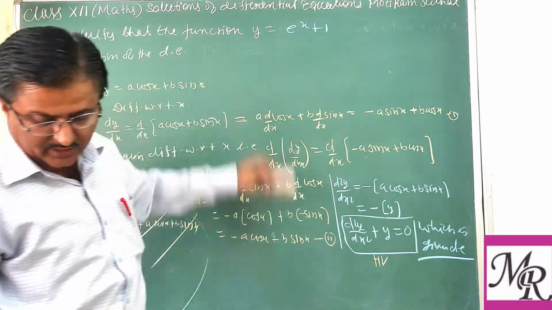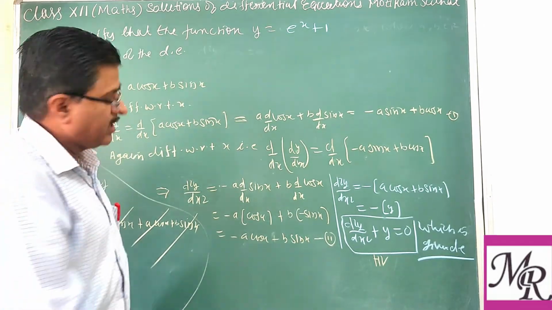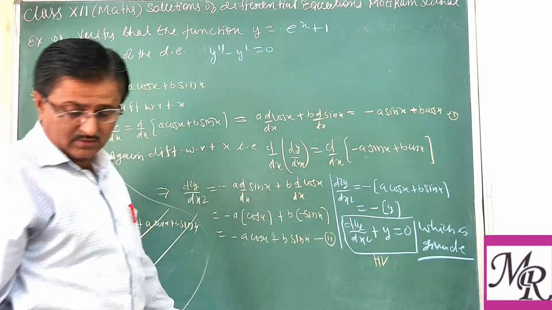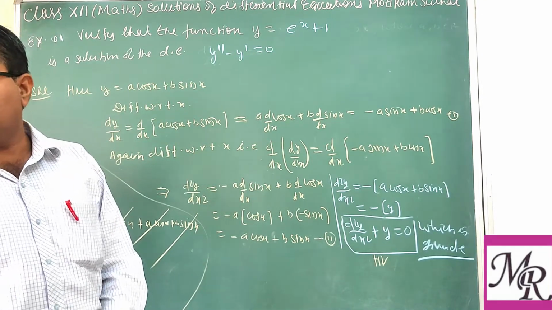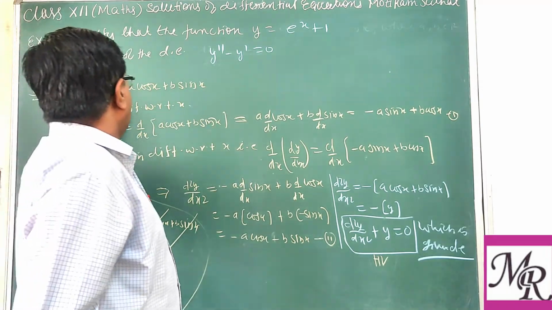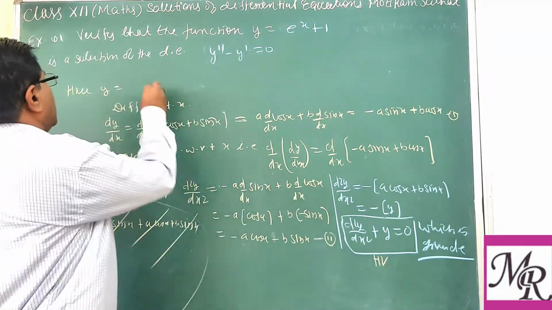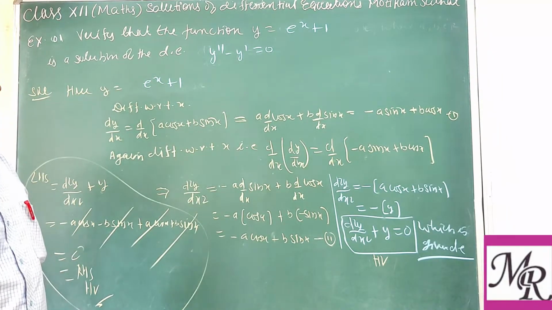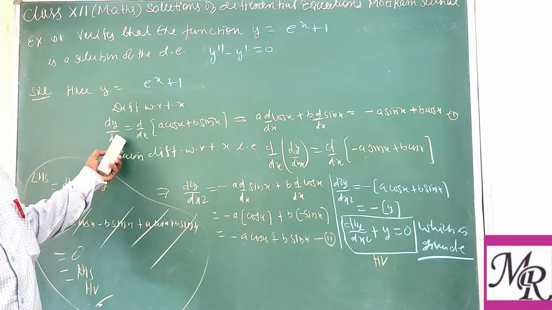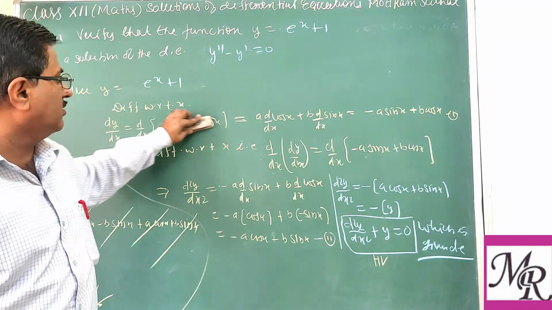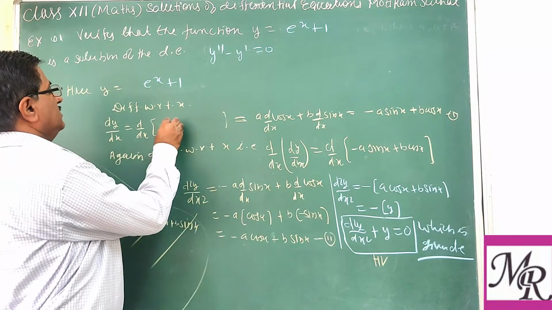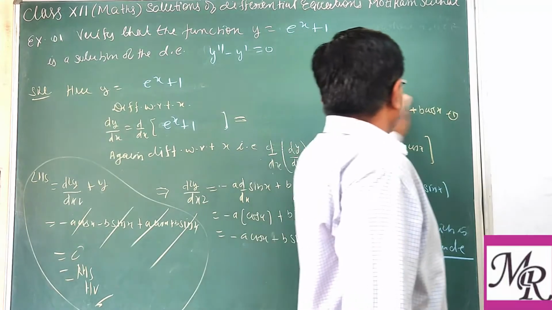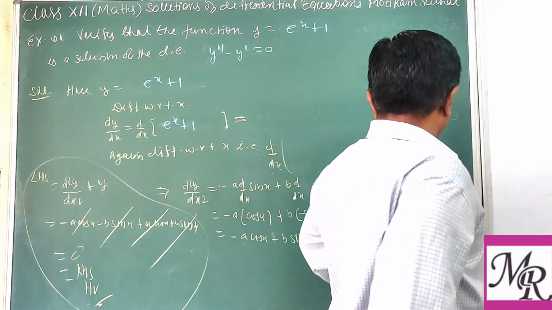The equation is y double dash minus y dash is equal to 0. So this you want to prove. So again we have y equal to e power x plus 1. Now differentiating this with respect to x, dy by dx, put the value of y, which is e power x plus 1. Then you find the derivative and verify.